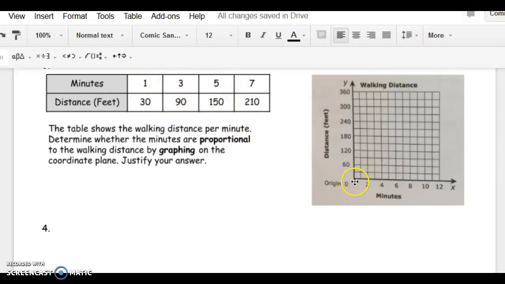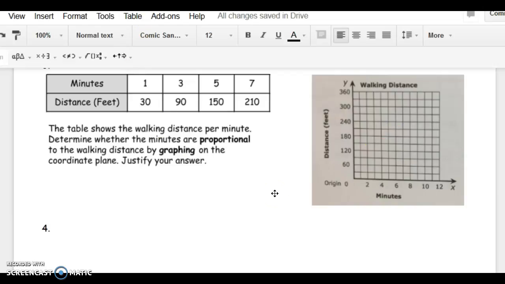So 130 would be this dot, 390 would be this dot, and 150 would be up here, and then 210 would be up here. And if you draw them, it would be a straight line going through the origin.